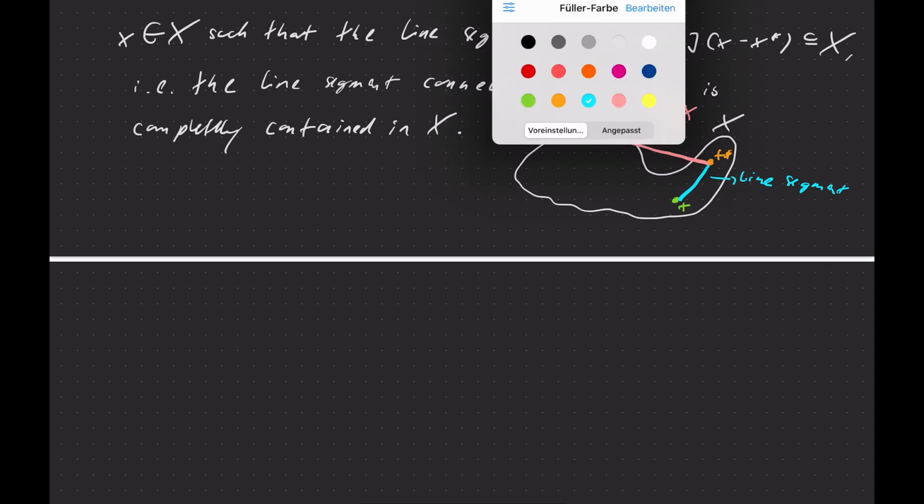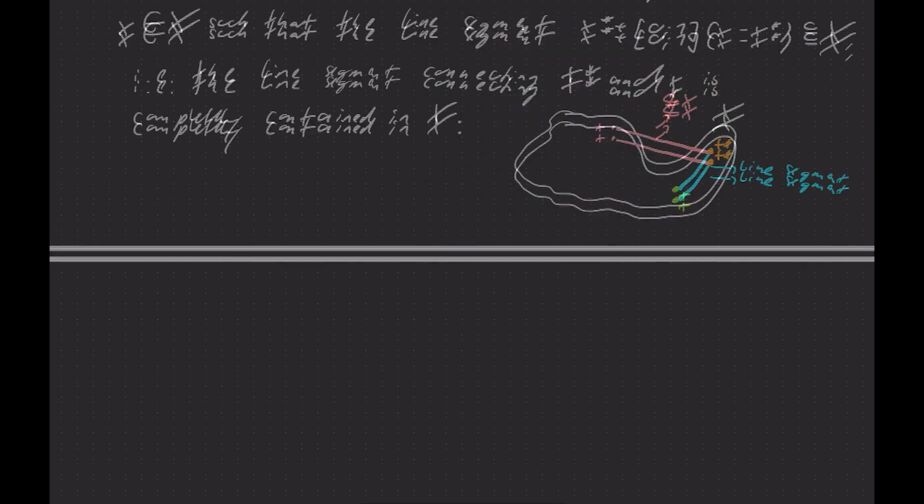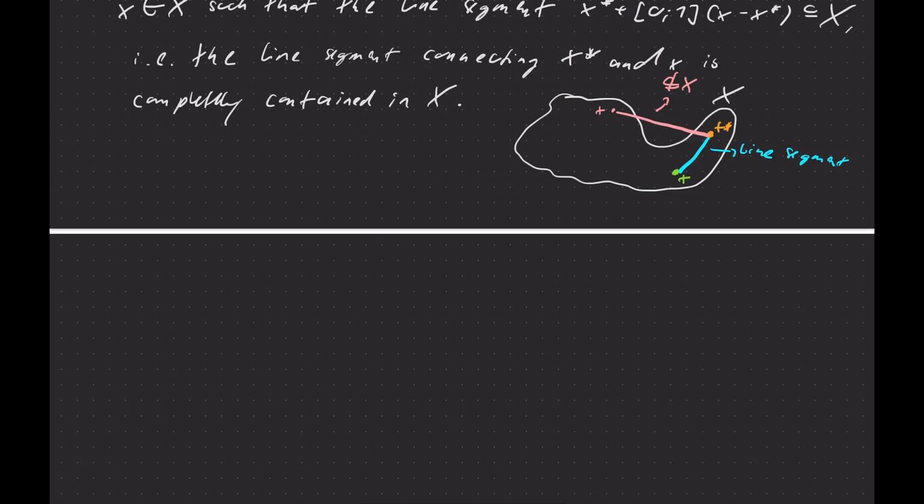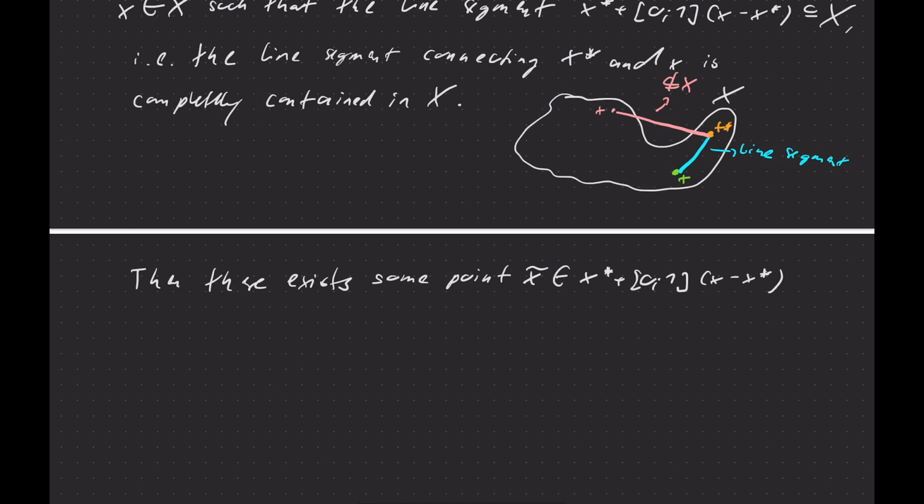Okay, what does the theorem say actually? Let's formulate that as well. It says, then there exists some point x tilde that is contained on that line segment. So that is in x star plus [0, 1] times (x minus x star).